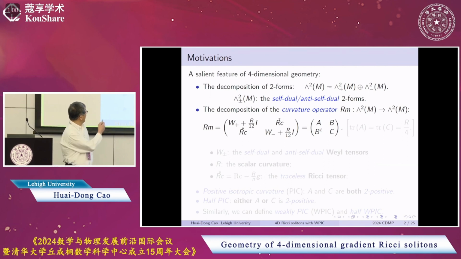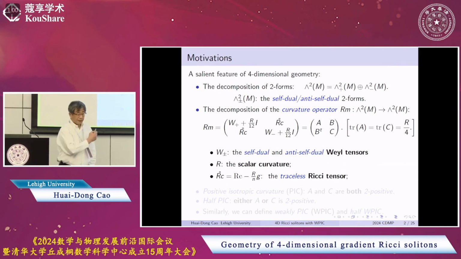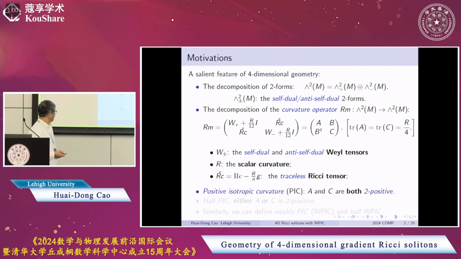And so A is the so-called self-dual Weyl part plus the scalar curvature, and then the B part is traceless, essentially related to the traceless Ricci tensor. And then you also have W minus, the anti-self-dual Weyl tensor, plus the scalar curvature. So this is well known for four manifolds.